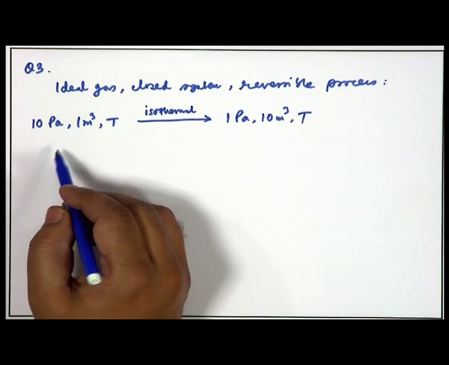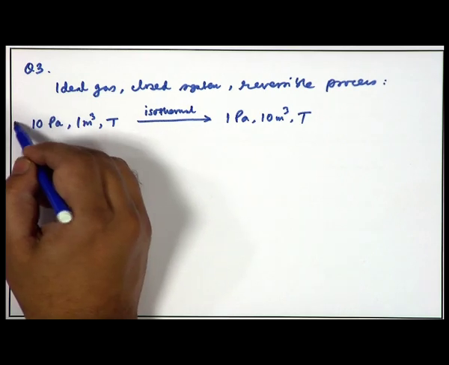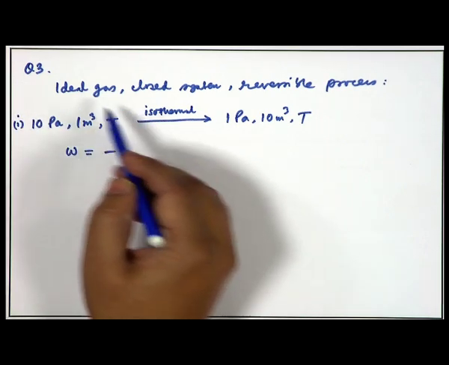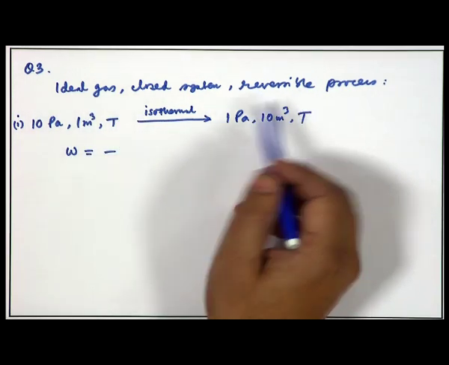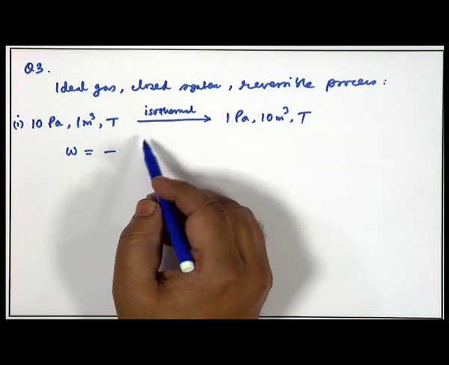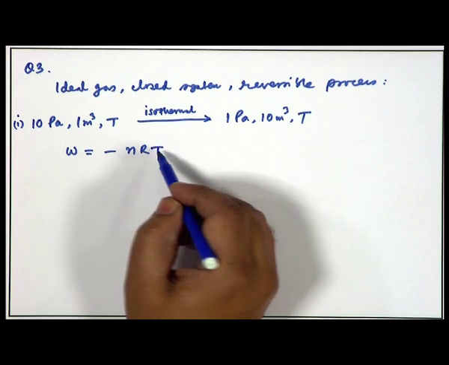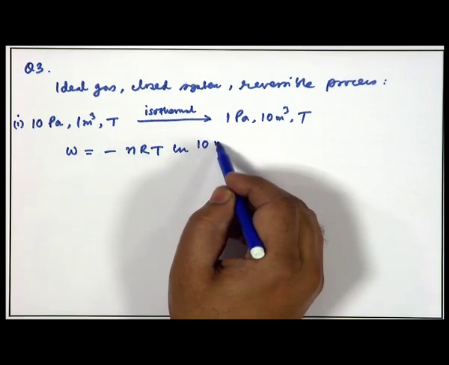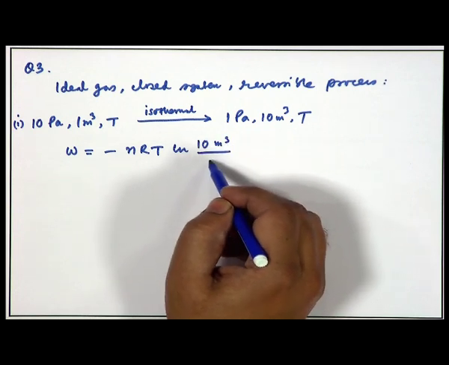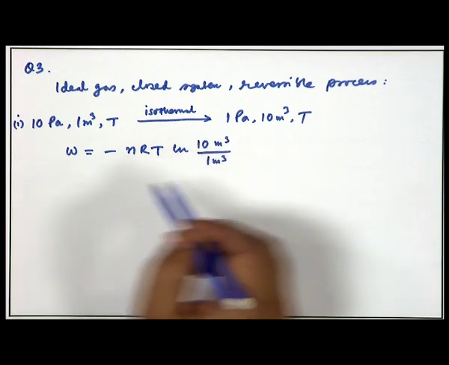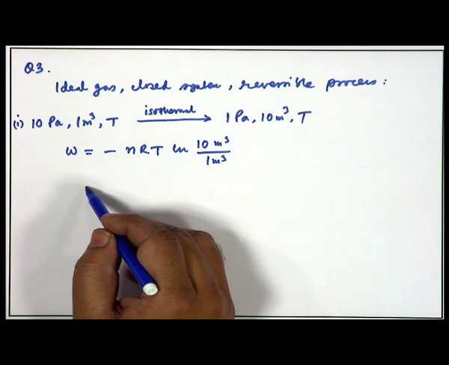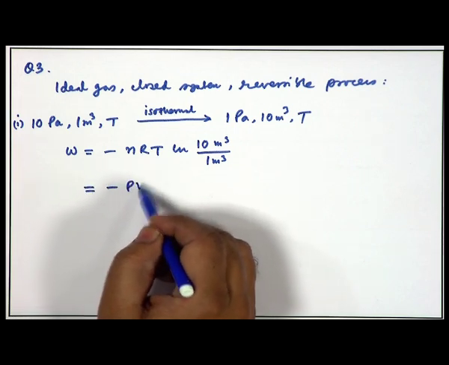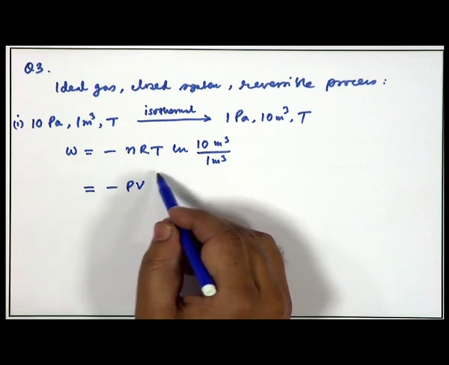So, in this case that is my first part. If I want to get W for an ideal gas, reversible process, isothermal condition, I can write nRT ln V final by V initial, which is 10 meter cube by 1 meter cube, and nRT is equivalent to PV for an ideal gas.